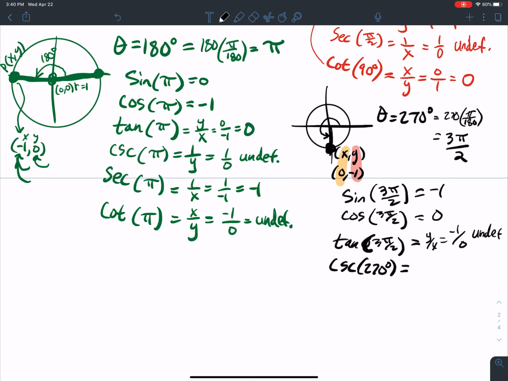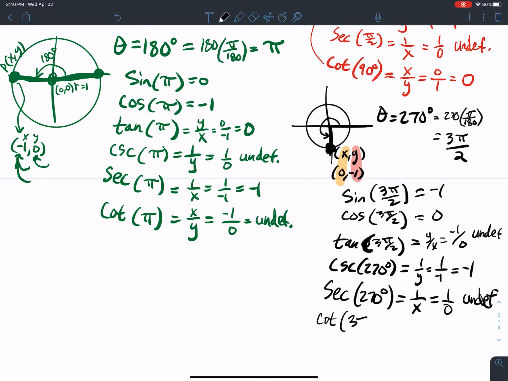Cosecant is the reciprocal of sine, so that's 1 over y, so that's 1 over -1, which is -1. Secant, 270 degrees, this is 1 over x, that's 1 over 0, that's undefined. And the last one, cotangent of 3 pi over 2, just pick one. And then it's x over y, which is 0 divided by -1, that gets me 0, okay?